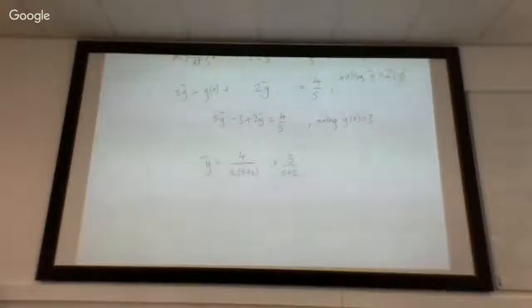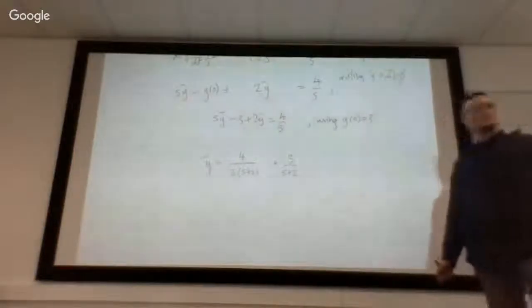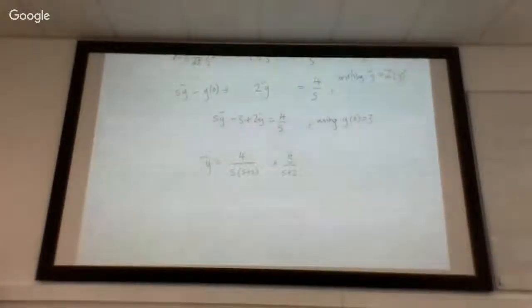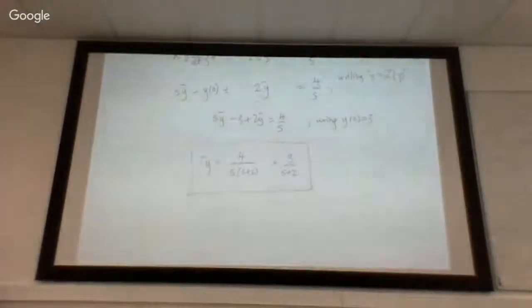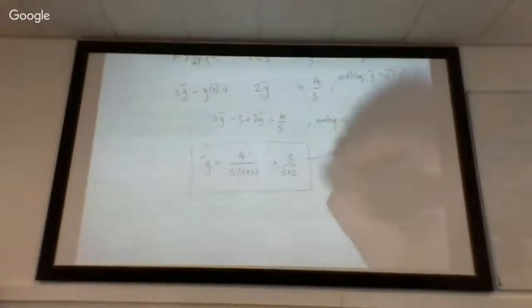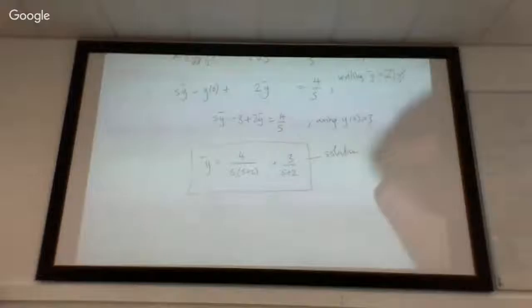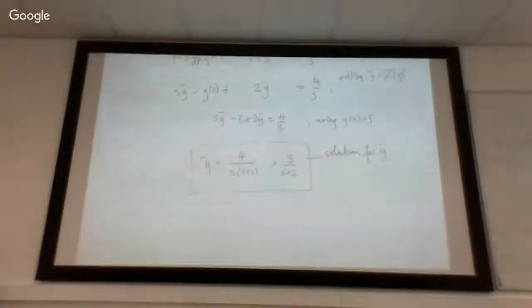Okay, that's a pretty good solution for y bar. So we're now kind of at the end of step 3. So this is the solution for y bar. So we now just have to take the inverse transform of this.